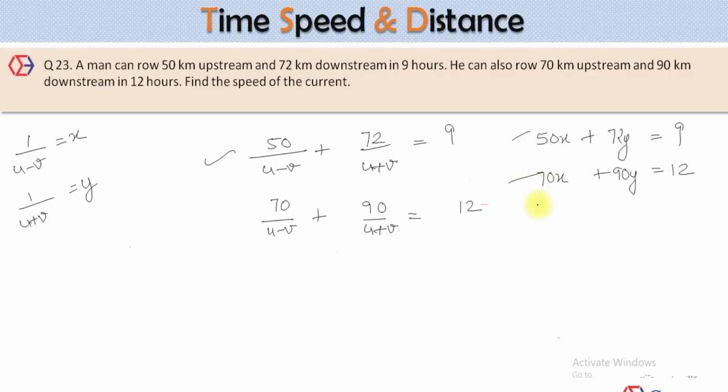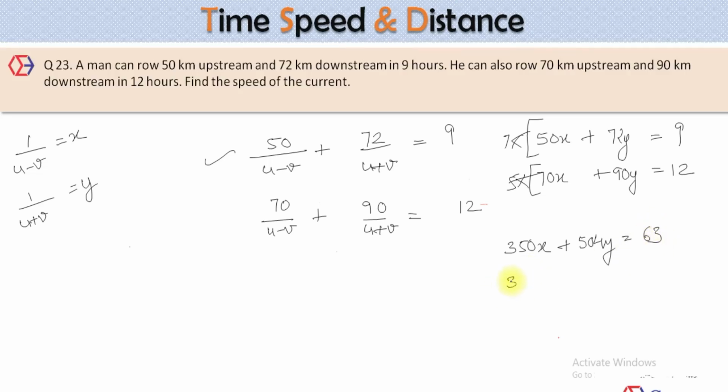Two equations, two variables can be solved. How do we solve it? I'll multiply this equation by 7 and this equation by 5. So the new equation will be 350x plus 7 into 70, 490, 490 plus 14, that is 504y is equal to 63.